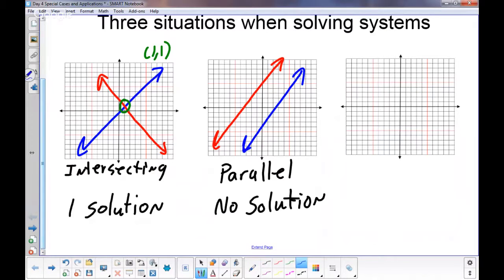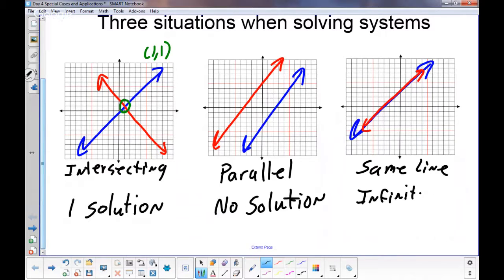And then our third case is if we get one line and immediately the other equation graphs a line right on top of it. Basically, we're graphing the same line. And in this case, how many times do they intersect? Well, they intersect all the time. So our solution is there are infinite solutions.